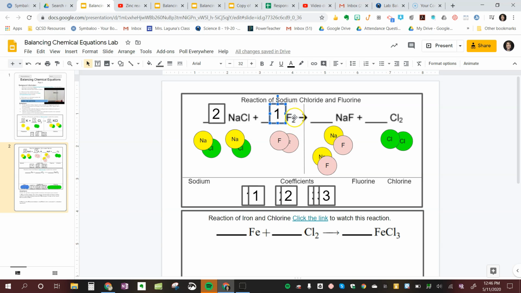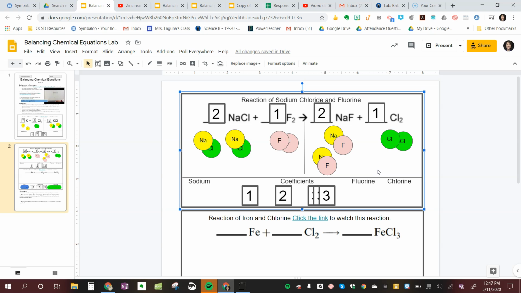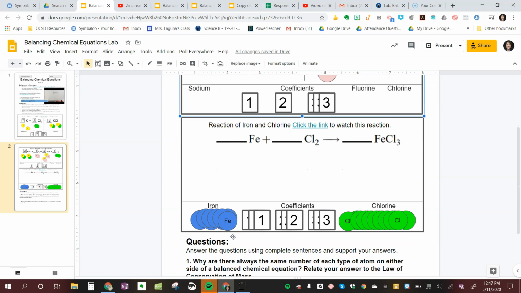We're looking for how many F2s there are, and there's one F2. And then it's 2. 2 is correct. And then it's 1. Okay, everybody, check your answers. Did you get this one right? Angelina did.